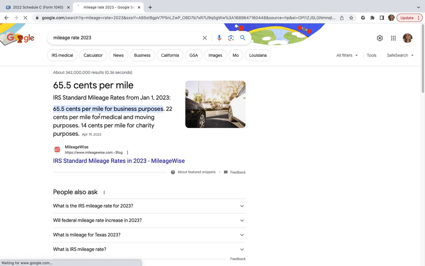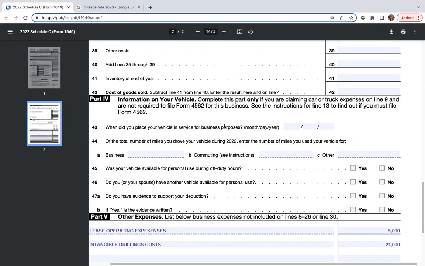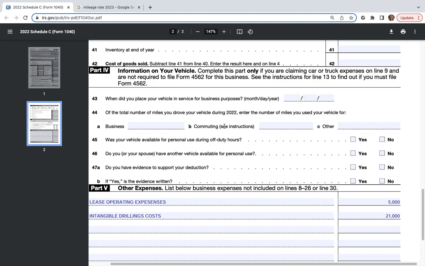Oh, it went up. It's 65.5 cents per mile. So if you had a vehicle, you would say when you placed it in service, how many business miles, how much you had in commuting miles, and how much you used for other.